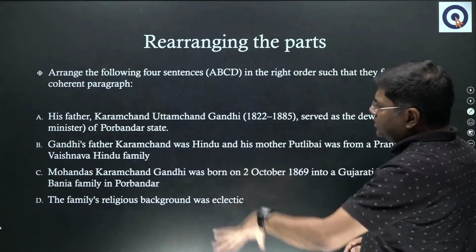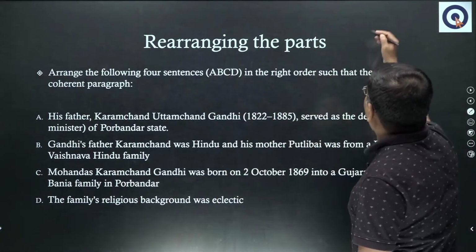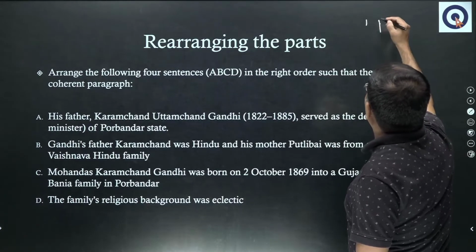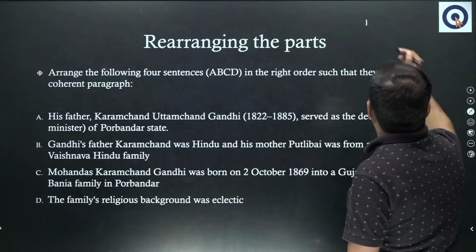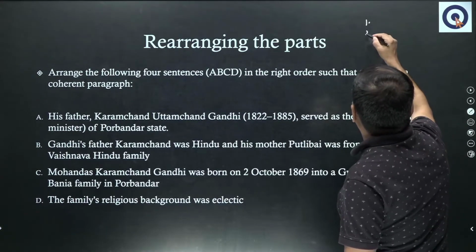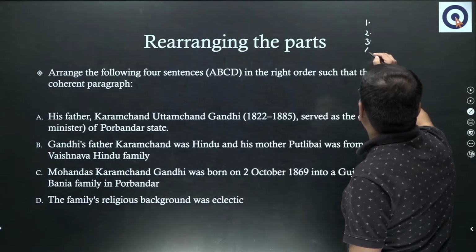Now, generally, you will have these sentences given to you and you will have the options. So, there would be option number 1, option number 2, option number 3, option number 4.